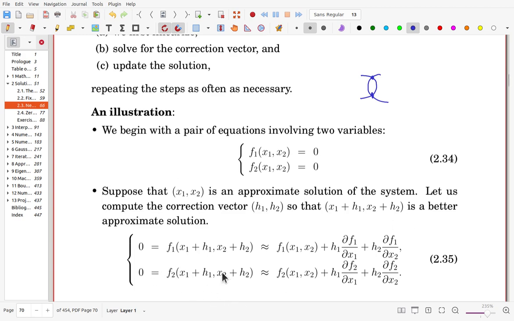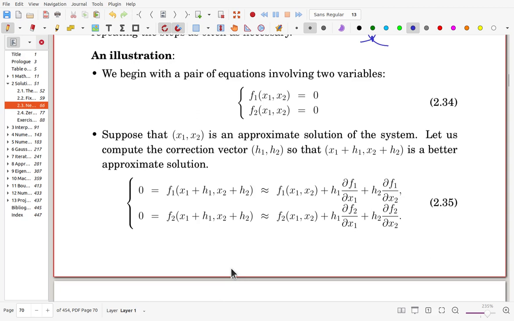So we do the same mathematics. For the update, the values of F1 and F2 are 0. Now we apply the Taylor expansion, and the second order terms we ignore.